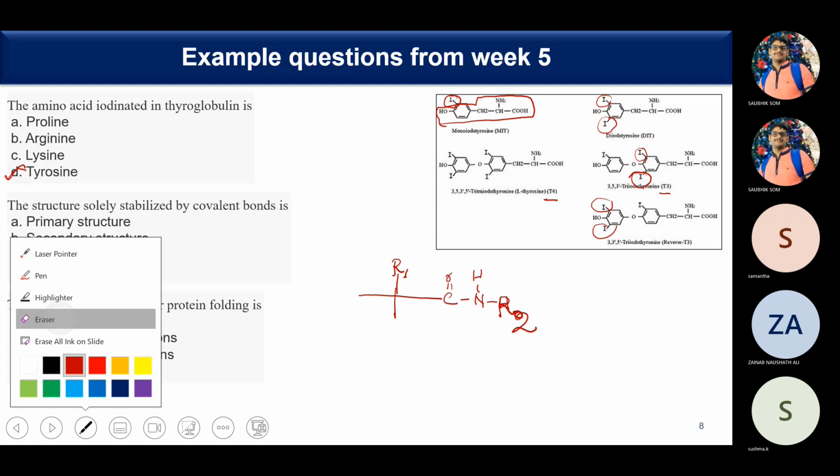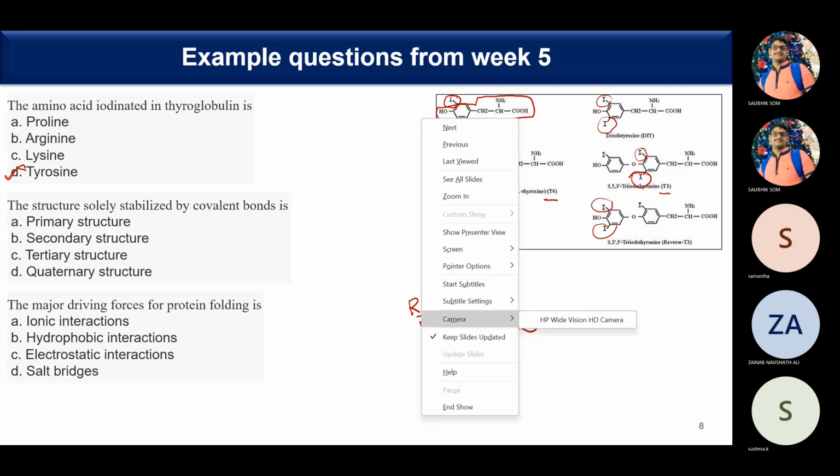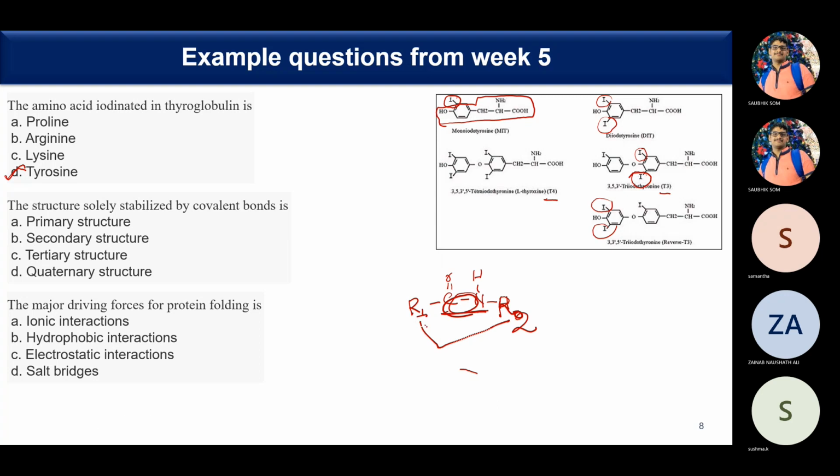So this CONH connects R1 and R2. This is the peptide bond, and it is totally stabilized by covalent bonding. There are no interactions between R1 and R2 in this case, correct? So the correct answer is primary structure.